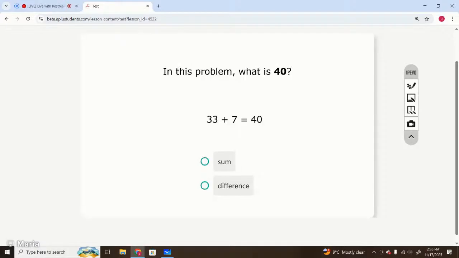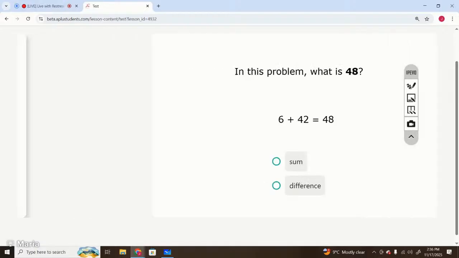In this problem, what is 40? So we are adding 33 and 7, right? And when we are adding two numbers, so 40 is the sum because we are adding 33 and 7.